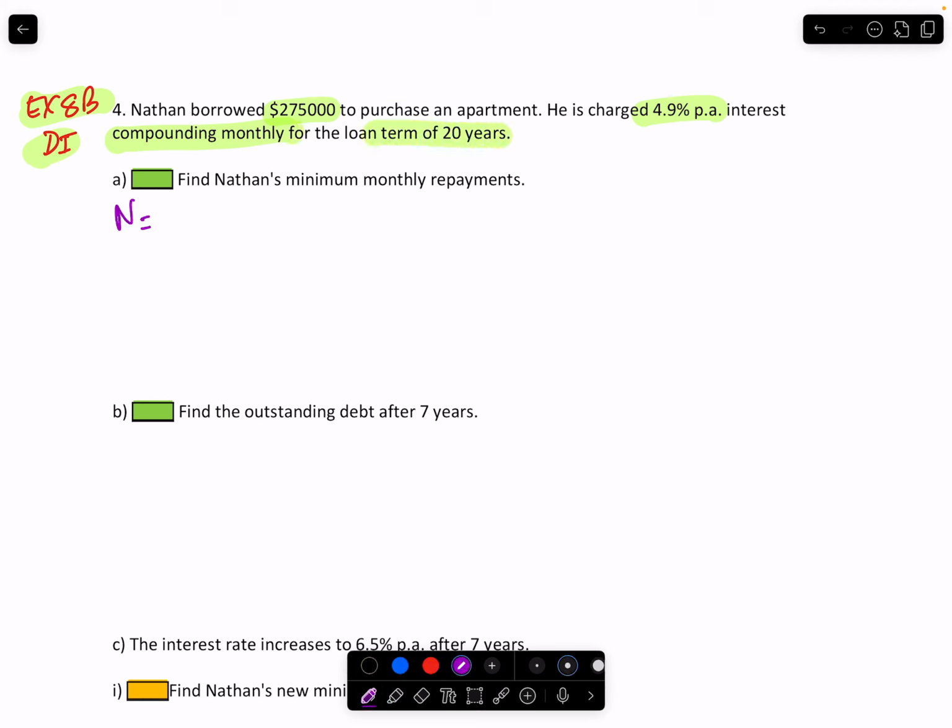So N, 20 times 12 is 240. The interest rate was 4.9. PV is going to be positive 275,000 because in a loan the bank gives you that money. So you started off with 275,000. We are solving for PMT. At the end of a loan, I don't want to owe anything.